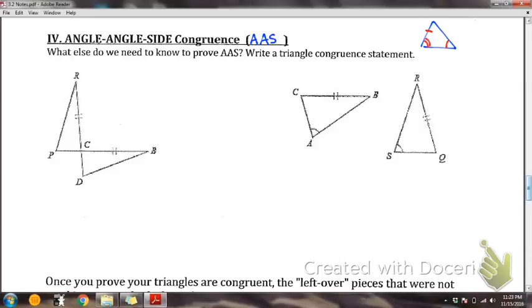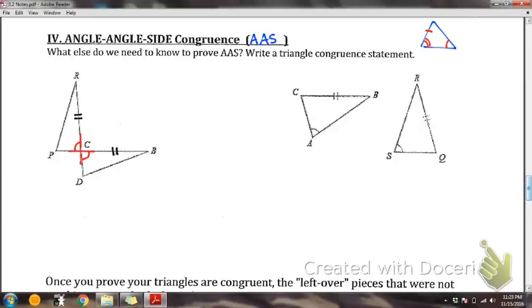Okay, so let's look at this example. I have these two sides that are congruent. I know that I have vertical angles, so I'm going to mark those congruent. And now my choice is, which angle do I mark? So let's just take one triangle at a time. Let's take the top one, RCP.